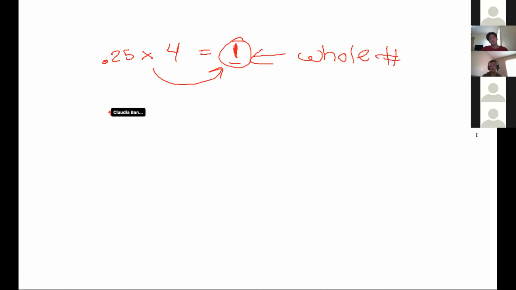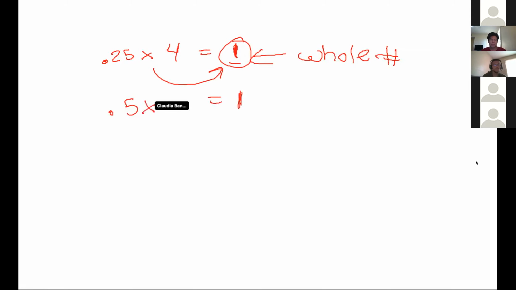The way I do it is if it ends in 0.25, in order to get to the nearest whole number, like 1, what do you think you're going to multiply this by? By 4, yes, because then you go to the nearest whole number. Let's say we have 0.5, and again you want the nearest whole number, 1. What do you multiply by? 2.